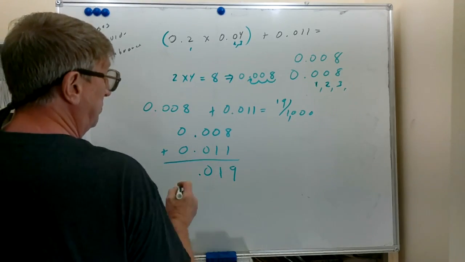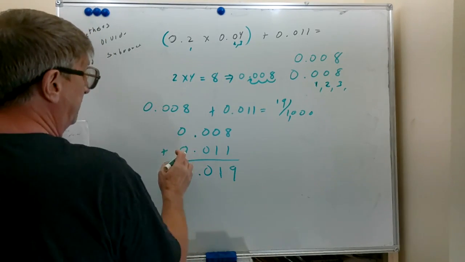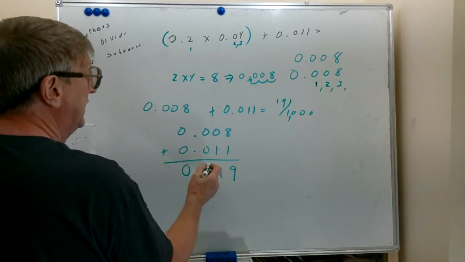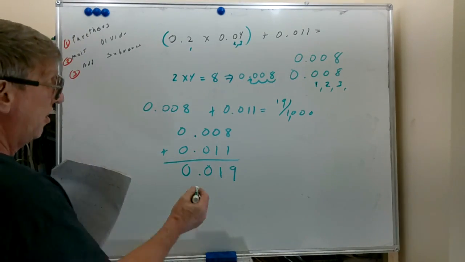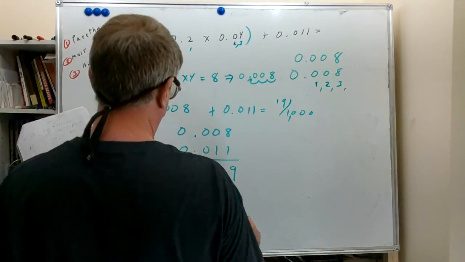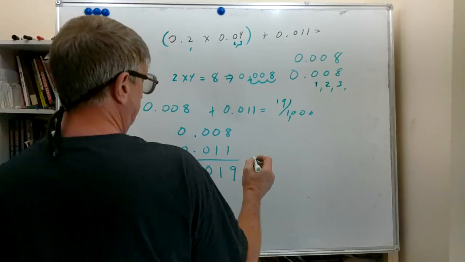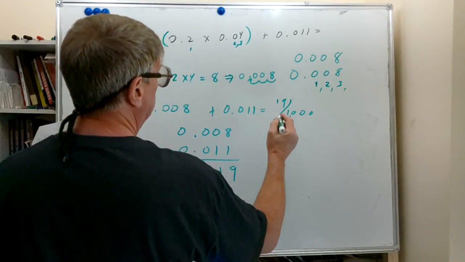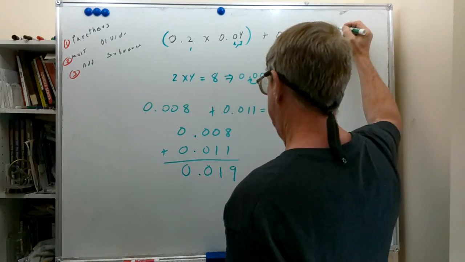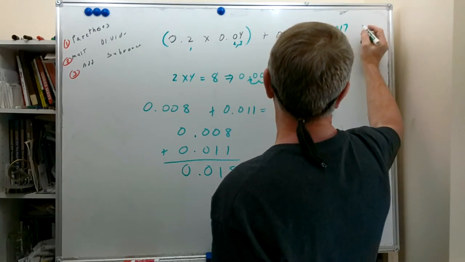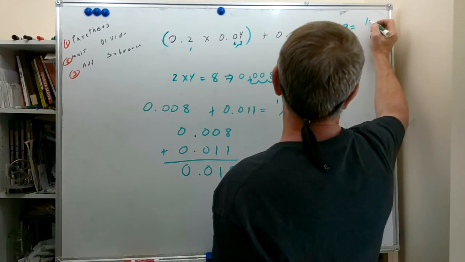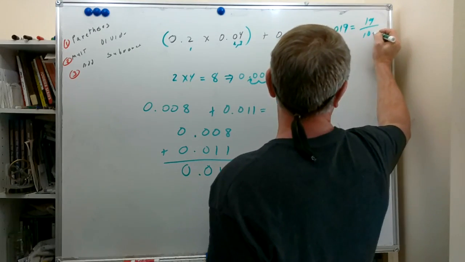Bring down our decimal point for our answer. 0 plus 0 is 0. Bring down that 0 just to help our eye offset the decimal place. So this was equal to 0.019, which is also equal to 19 1,000ths.